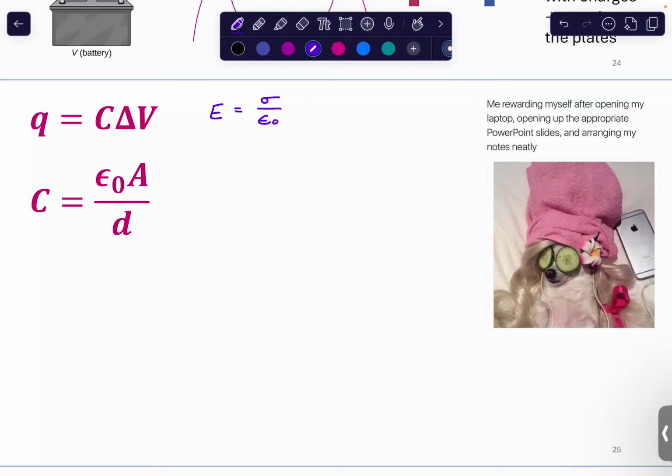Okay. So we also remember our Coulomb constant, k_e equals 1 over 4 pi epsilon 0, which means we can solve for epsilon 0, 1 over 4 pi k_e.